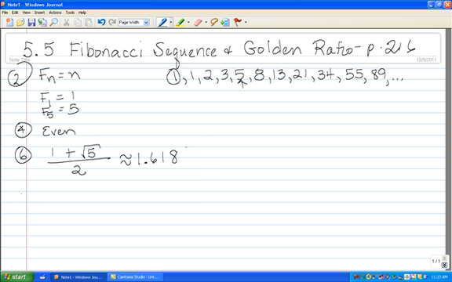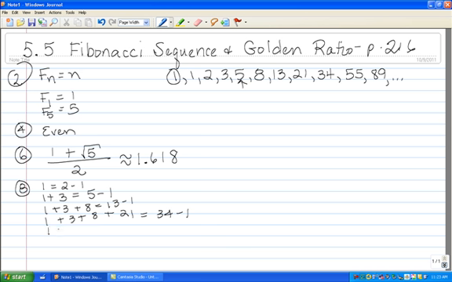Okay, now we have some patterns to work on. In number 8, we have 1 equals 2 minus 1. We're looking for a pattern as it relates to the Fibonacci numbers. 1 plus 3 equals 5 minus 1. 1 plus 3 plus 8 equals 13 minus 1. 1 plus 3 plus 8 plus 21 equals 34 minus 1.